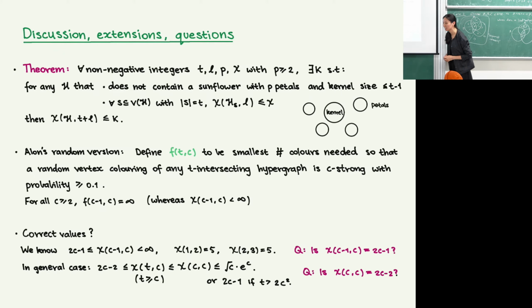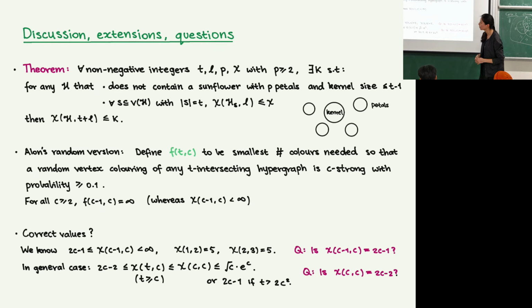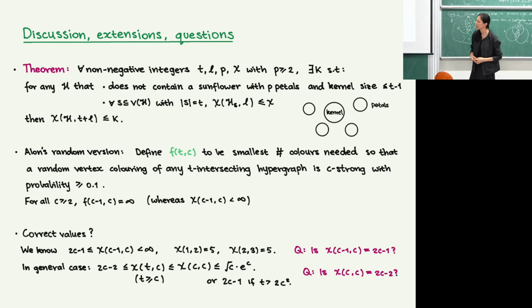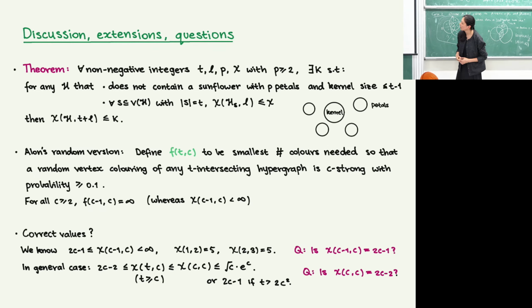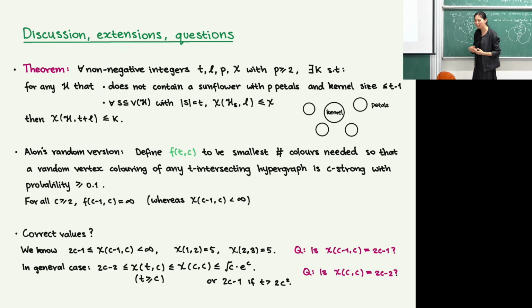Do you have another example of a natural class like T intersecting where the conditions of your main theorem apply? Not particularly, and actually, it seems like these conditions are kind of necessary.